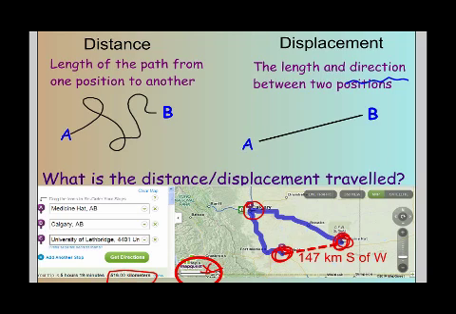The displacement, however, is only 147. So you see, I get a displacement that is much smaller than the distance. The other important thing you'll see in my displacement is also these letters after, which are telling me the direction. So it ends up being south of west. Again, displacement has to have that direction on it. So 147 kilometers south of west.